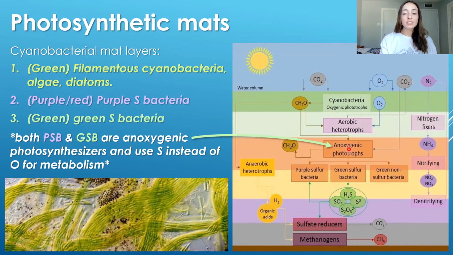And because they don't love oxygen, but they love sulfur, they're kind of deeper down in these mats, where oxygen is less abundant because you had the cyanobacterial layer followed by typically some aerobic heterotrophs, meaning that they respire oxygen and couple that with eating the material of lysed cyanobacteria, so that when you finally get to the layer of purple sulfur and green sulfur bacteria, these anoxygenic phototrophs, this zone is much more depleted in oxygen because those heterotrophs already took it all up in their respiration process and then release CO2.